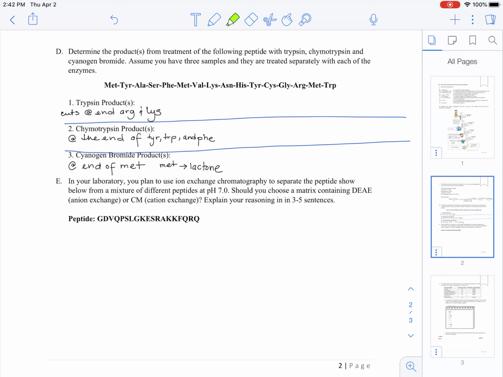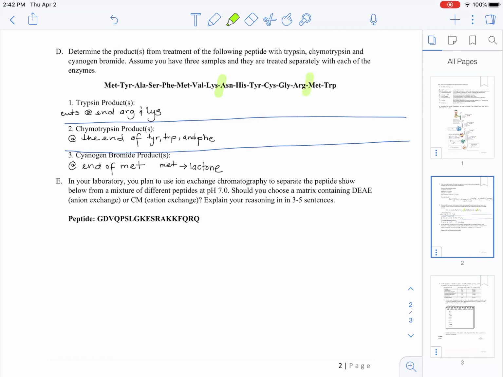Okay, so as you can see in this given, this enzyme is going to cut right here in between lysine and asparagine, and is also going to be cutting in between arginine and methionine.